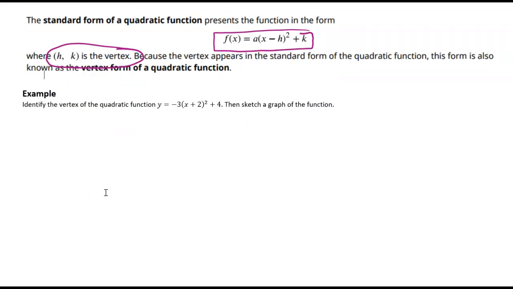Identify the vertex of the quadratic function y equals -3 times (x plus 2) squared plus 4. Then sketch a graph of the function.